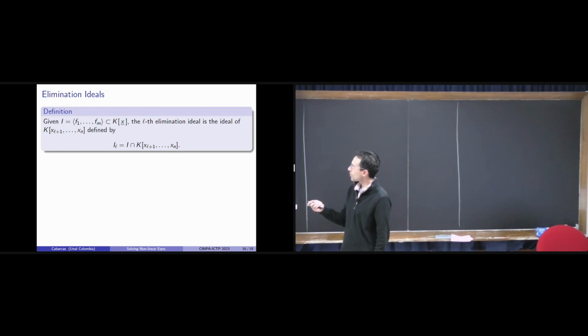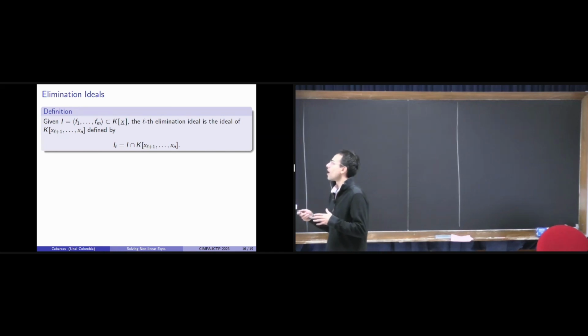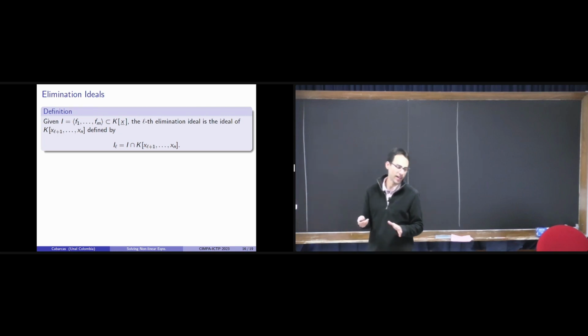So notice what we're saying here is the ideal only on the last n minus l variables. So it's the ideal after eliminating the first l variables.